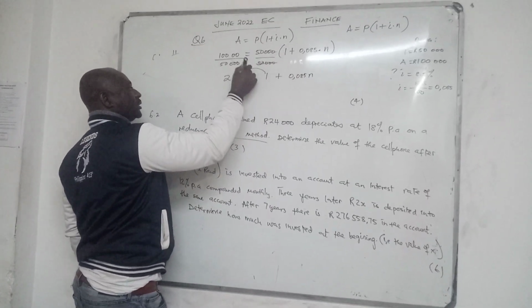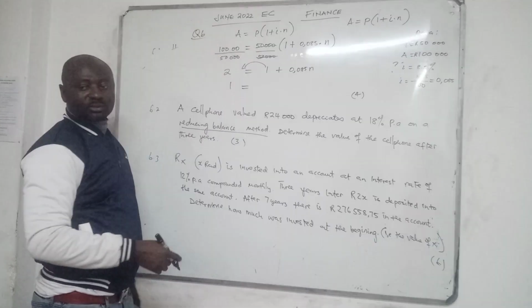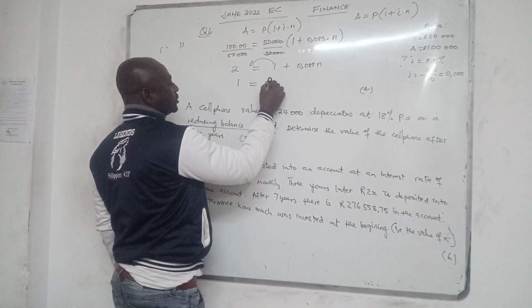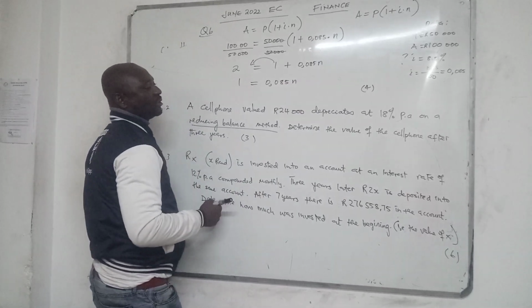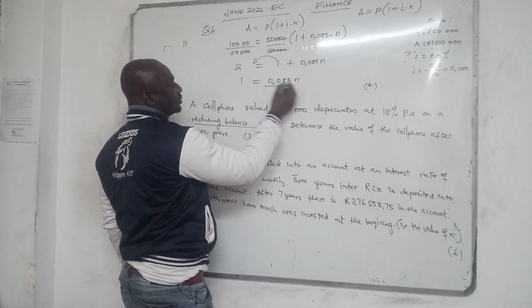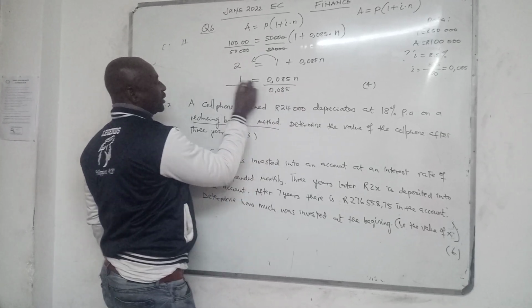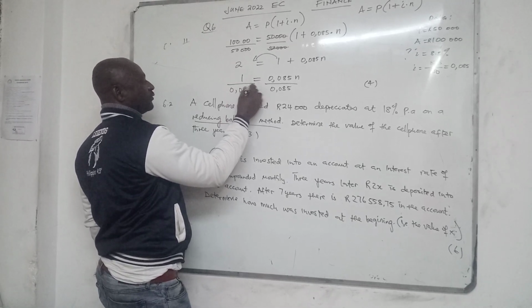Transpose this 1 to this side, and it becomes 2 minus 1, which is 1. So 1 is equal to 0.085 N. We're solving for N. So divide by 0.085, divide here by 0.085.